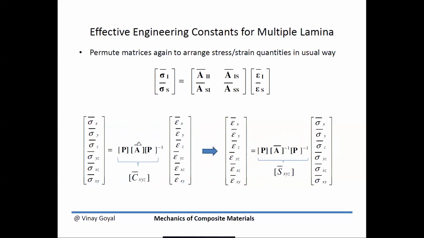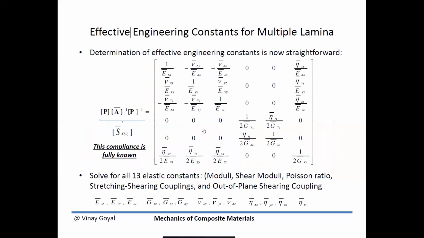So basically invert this equation to get this one. Once you know S bar, which is fully known, the left-hand side is fully known. Since you know the left-hand side, you can now solve for EXX bar, nu XY bar, and all these different material constants. So you will get 13 material constants, including shear coupling terms.